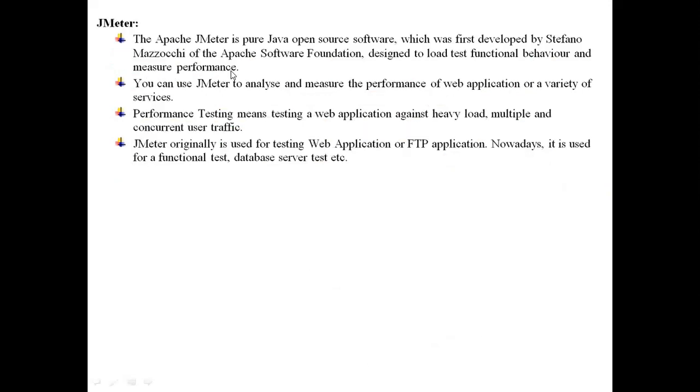And another software is JMeter. Apache JMeter is pure Java open source software, which was first developed by Stefano Mazzocchi of the Apache Software Foundation. It's designed to load test functional behavior and measure performance.